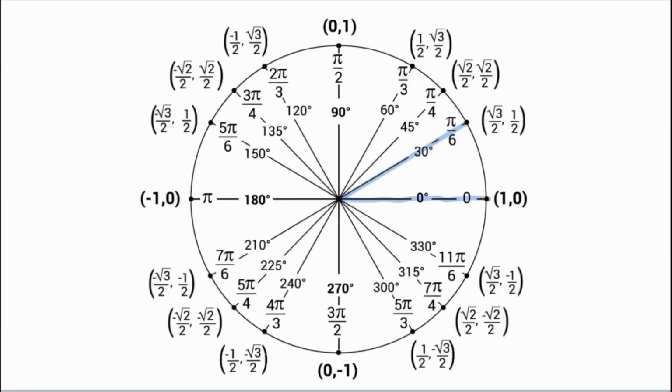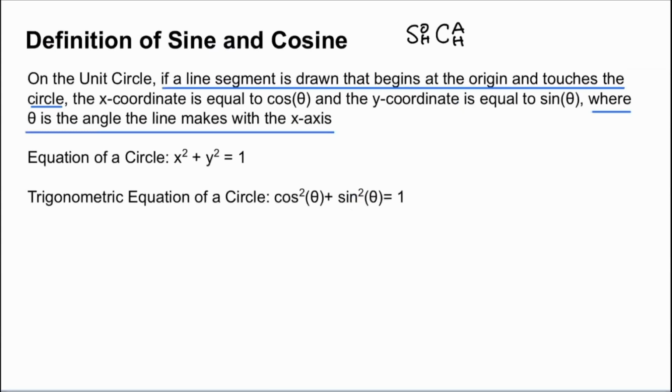This is the x-axis, this blue mark. And this is going to be our theta, which is going to be 30 degrees. Once we have that, we can see that the x-coordinate is equal to cosine of theta, and the y-coordinate is equal to sine of theta.